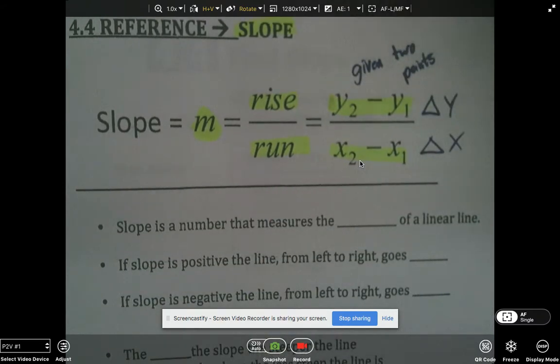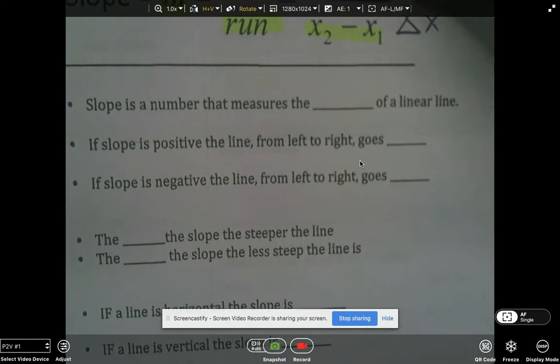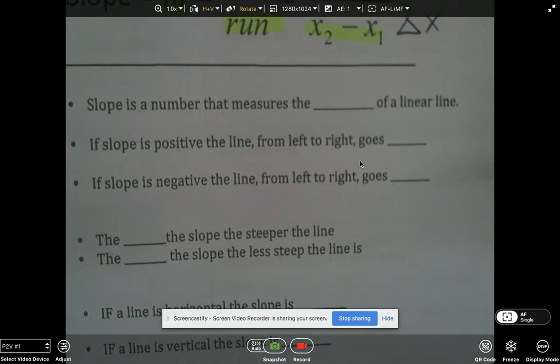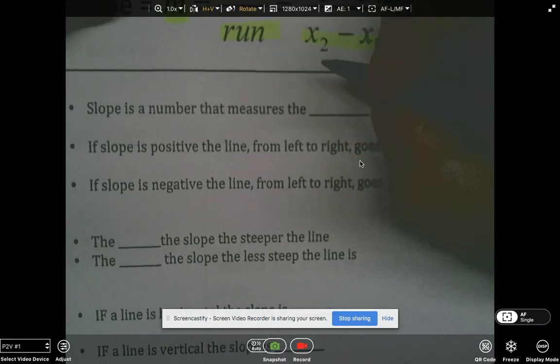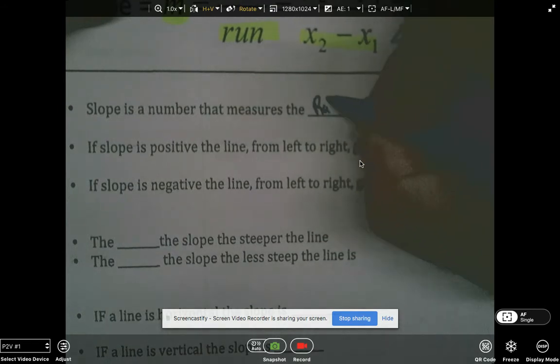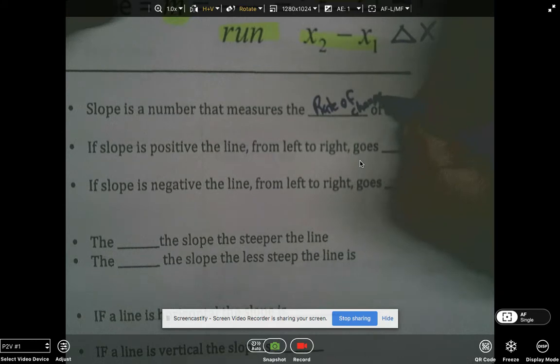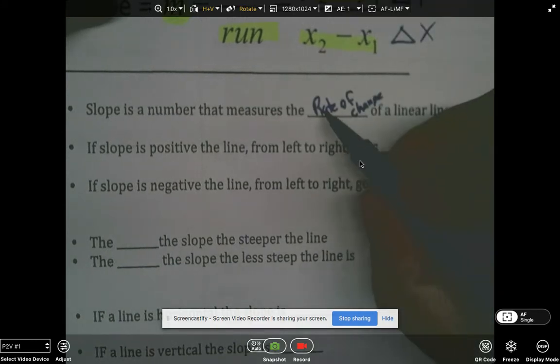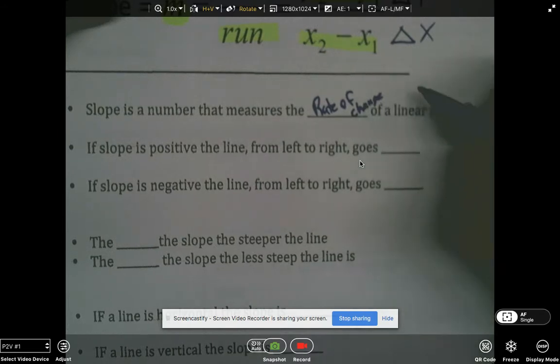Okay, so first thing we're going to fill in here is slope is a number that measures the rate of change. So a lot of times in MCAS, they'll ask you for the rate of change, and they're looking for slope, so your m.